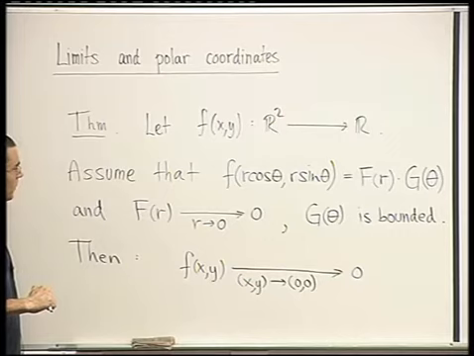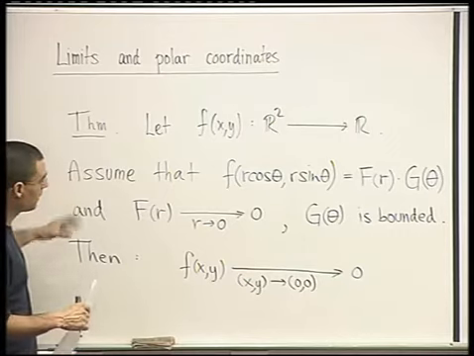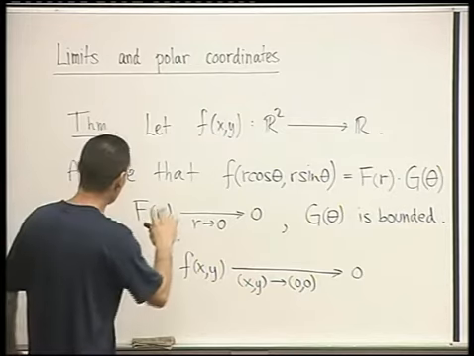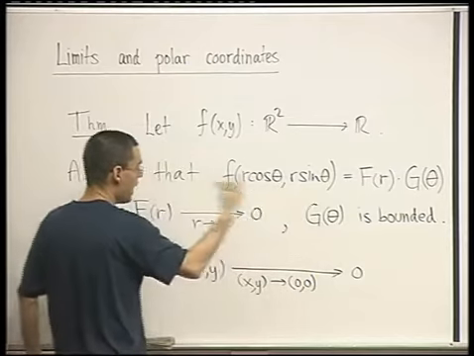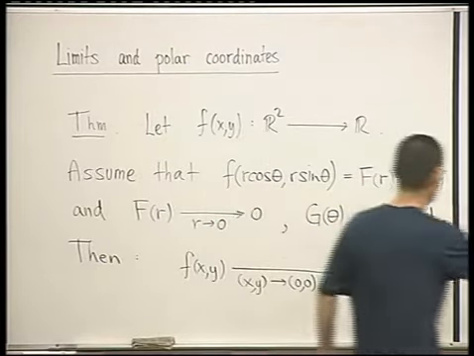So let's first do an example and then discuss the proof a bit. And I just want to verify that everybody knows what these polar coordinates are. So maybe let's write it here.